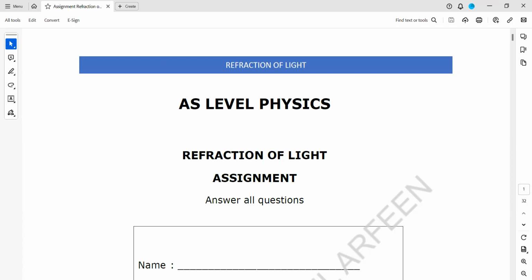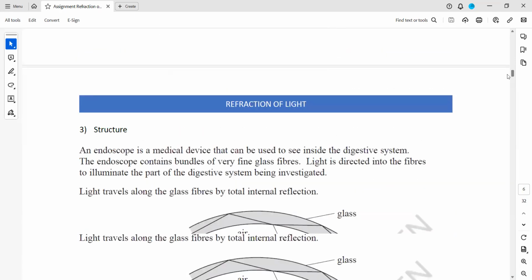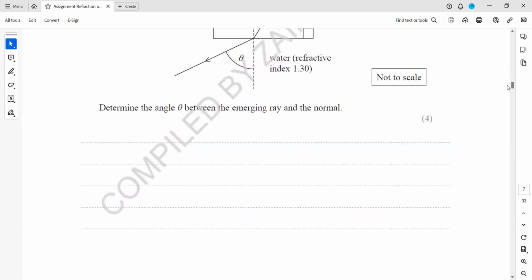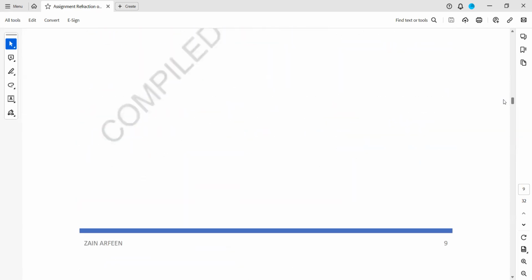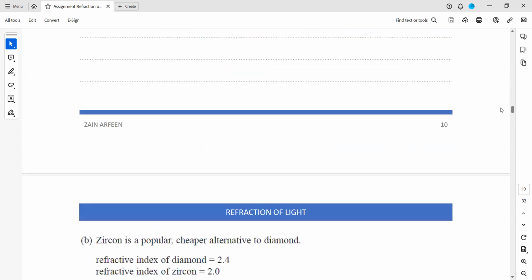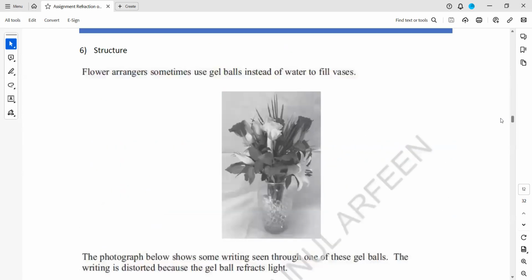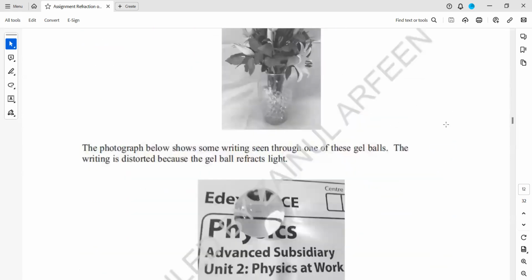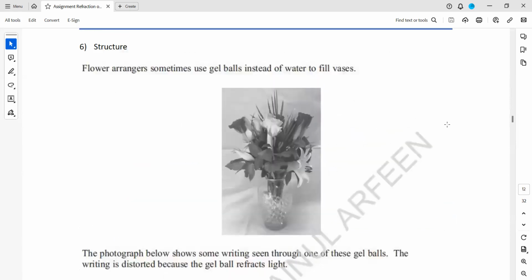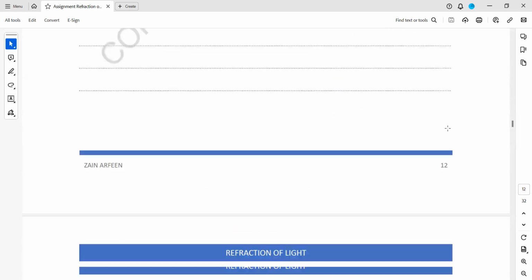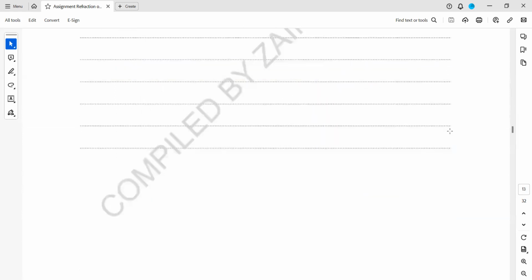So we'll start with question 7. This one is all about refraction, as all the questions from refraction are there. So question 6 is done. Question 7, I'll start with.